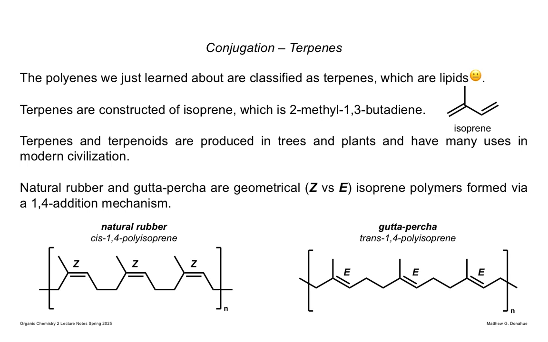Polyenes also go by the name terpenes, and the general class of these things are called lipids. So you know what a lipid is? If you're in biological sciences, you've probably heard of the lipid bilayer.